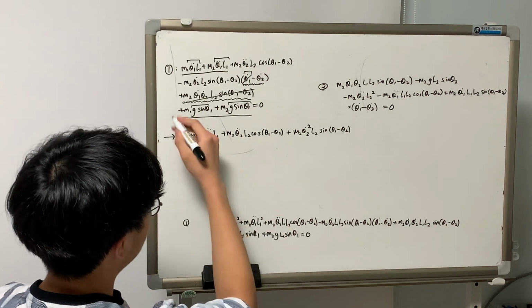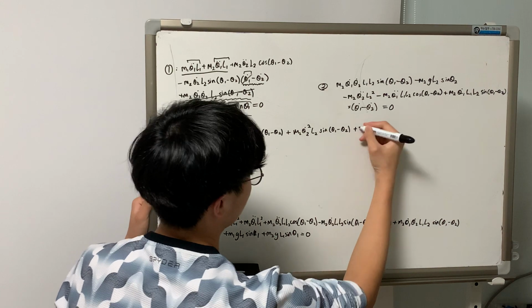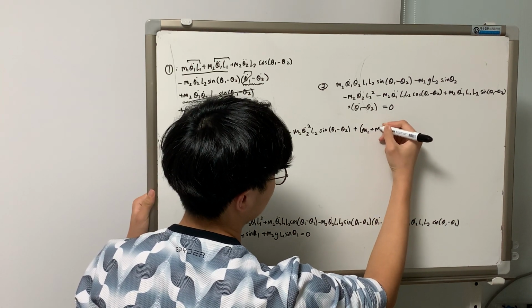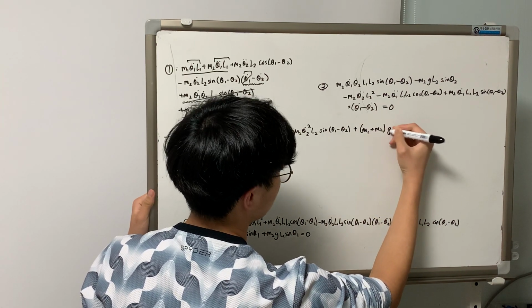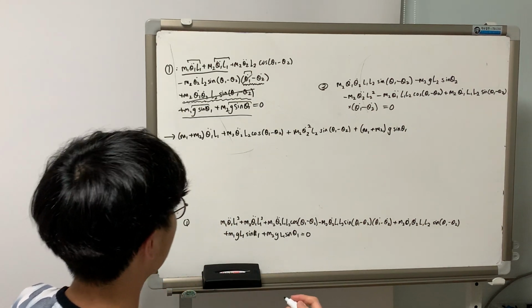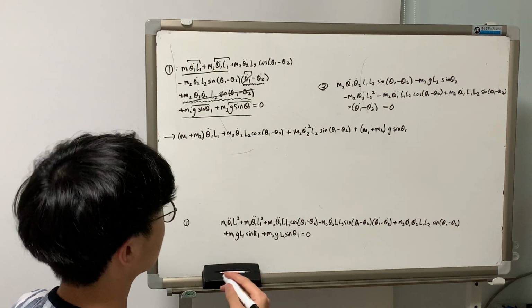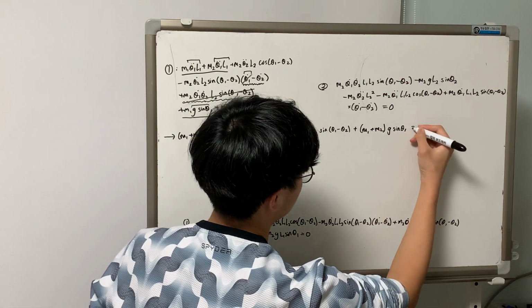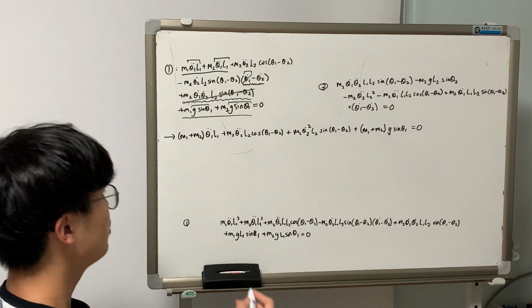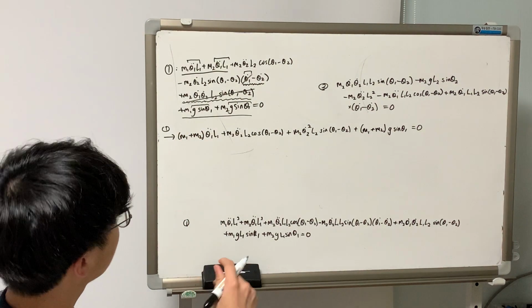And then we have these two terms. Again, we can wrap them up with G sine theta 1 and get M1 plus M2 of G sine of theta 1. And that we know is going to be equal to 0. All right, so that's our new equation 1.